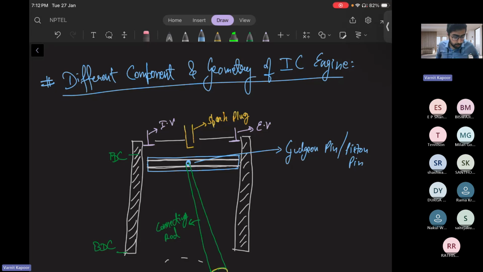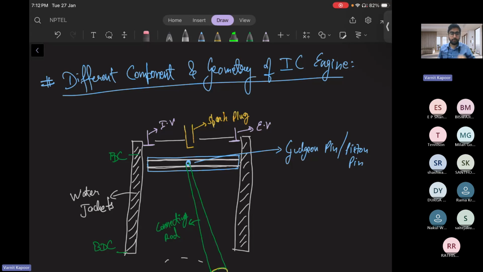Okay, and these are water jackets. Why water jackets? Your cylinder is at a very high temperature after the combustion of fuel. You want the heat to be carried out. Otherwise, your cylinder will melt.